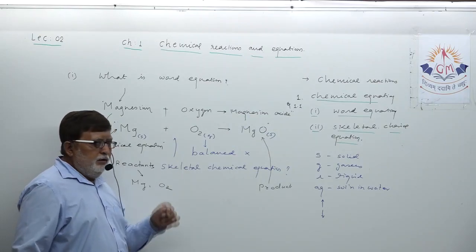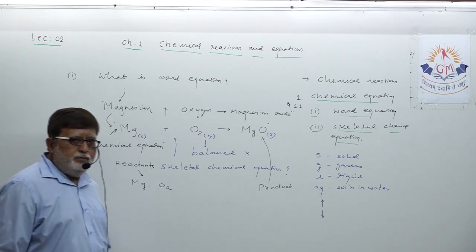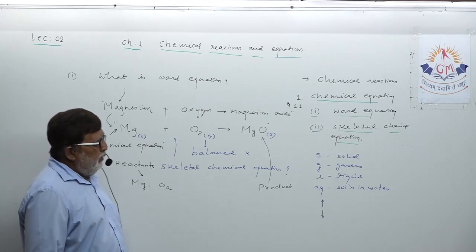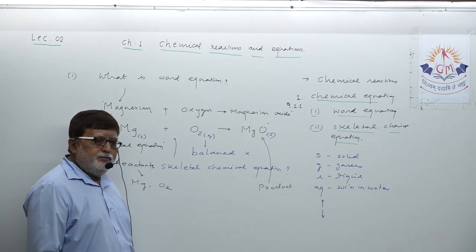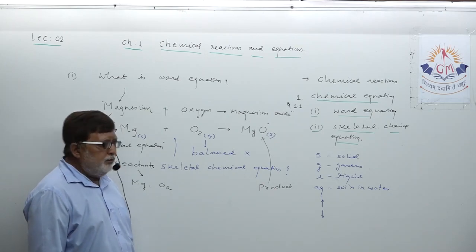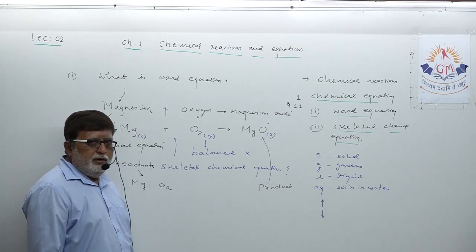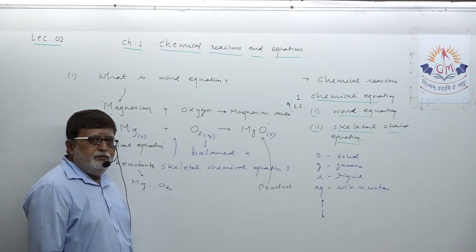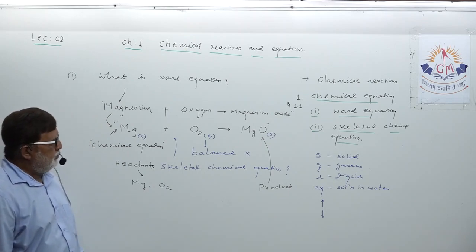Second point, the substances formed at the end of the reaction are known as products. Products are always written on the right hand side of the equation.